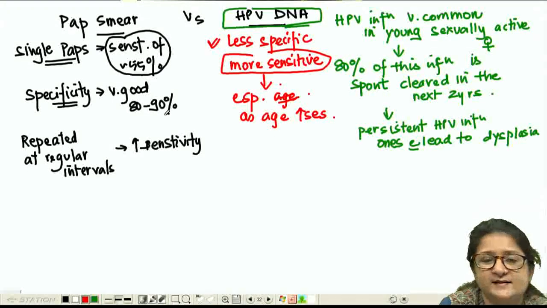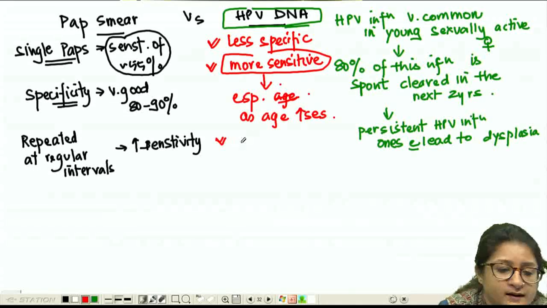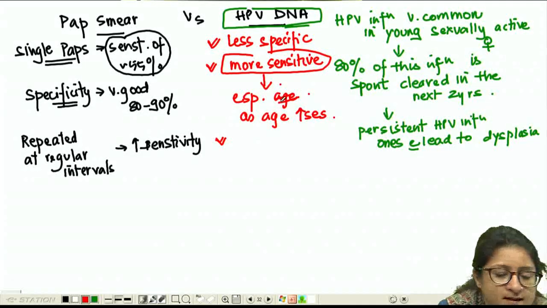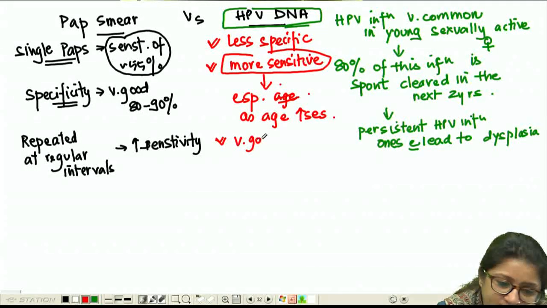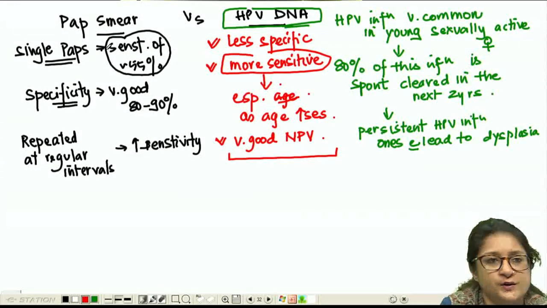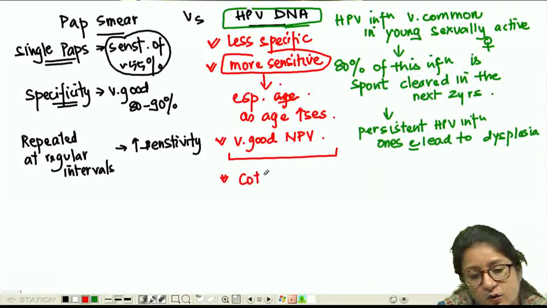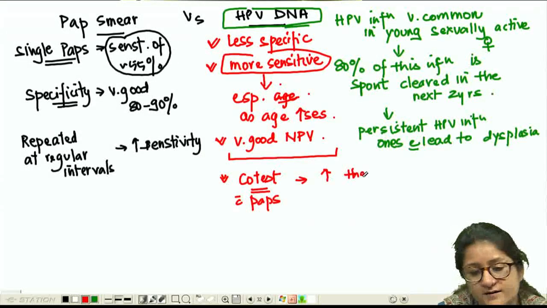HPV DNA testing is less specific, more sensitive, and very importantly, because it's more sensitive, it has a very good negative predictive value, right? Therefore, it can be used with pap smear to increase the interval of screening. Therefore, when used as a co-test with PAPs, it can increase the interval of screening.